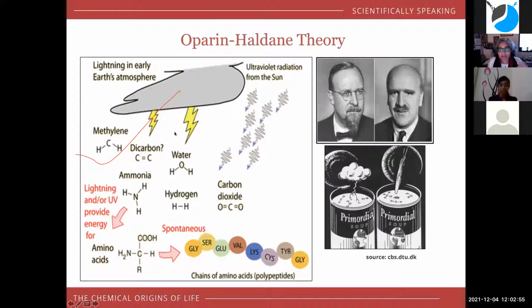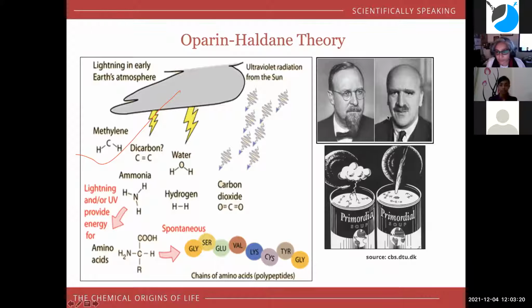And if you had an energy source like lightning or ultraviolet radiation from the sun, you could have, in principle, facilitated the spontaneous formation of these organic molecules. Here is a representation of a little peptide, but essentially you can go from the inorganic molecule space to the organic molecule space.